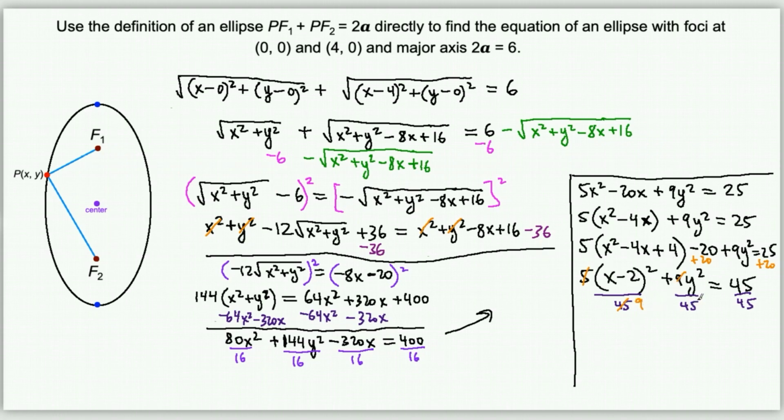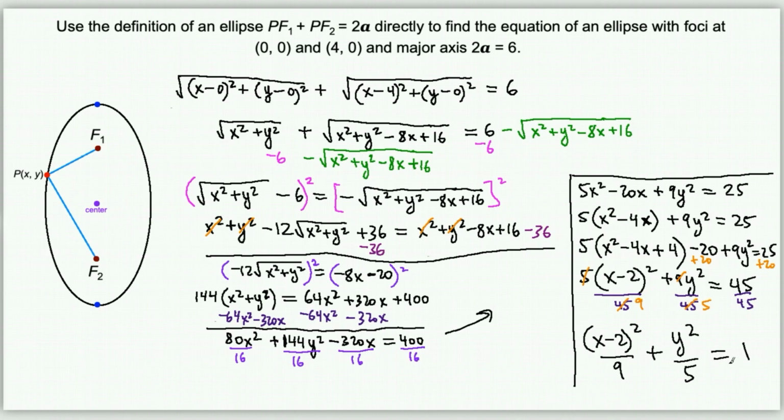Here 9 gets canceled out. 45 divided by 9 is 5, right? So that's good. And the right side turns into a 1. So we get x minus 2 squared divided by 9 plus y squared divided by 5 is equal to 1.